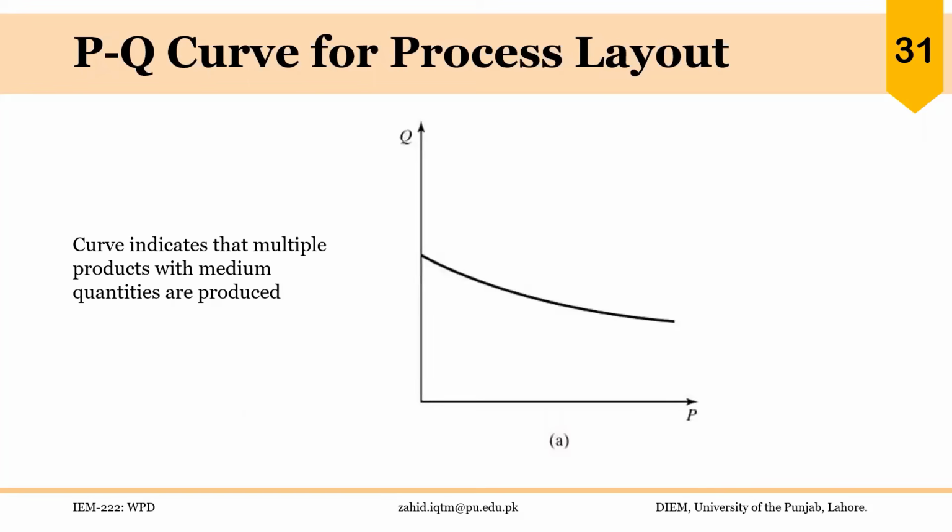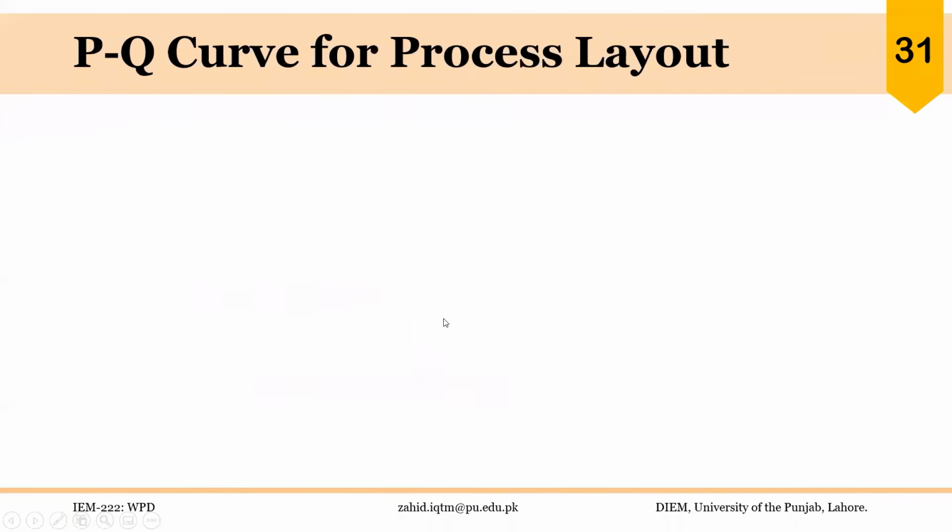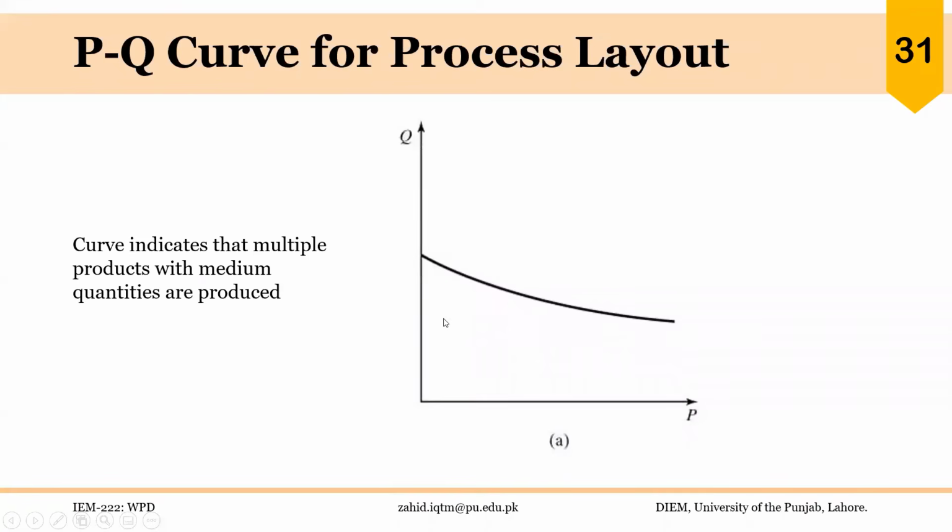Regarding the first point, the P, the products that the organization is going to make, it is possible that the organization might be producing an average quantity of a wide range of products. Q is the quantity, P is the number of products, different types of products. So the curve indicates that multiple products with medium quantities are going to be produced.